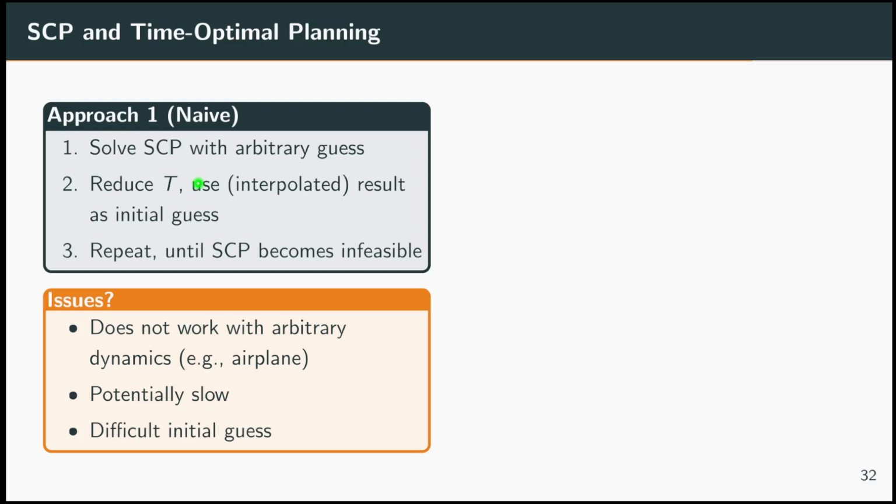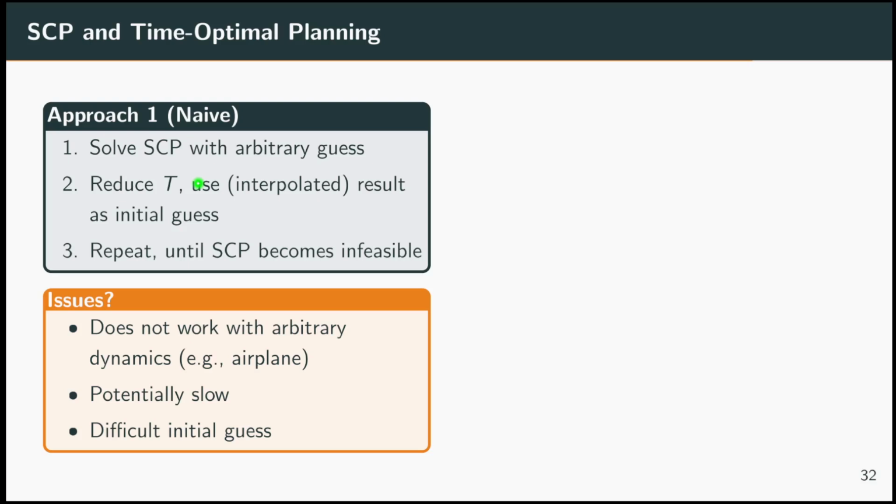The airplane example still applies in this case because we just linearly reduce. It's not guaranteed that we really find one setting that will work. We now add another outer loop around SCP, so that will be pretty slow. And also just initializing it correctly, like if your initial guess doesn't work, especially in the airplane example, it's unclear what to do.